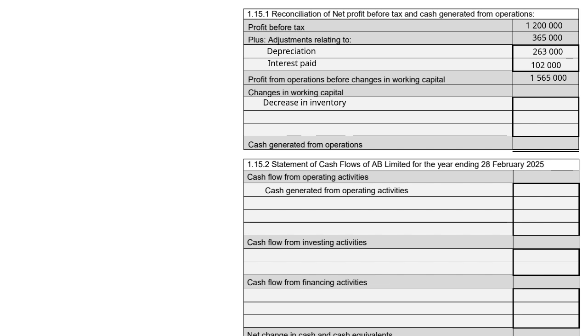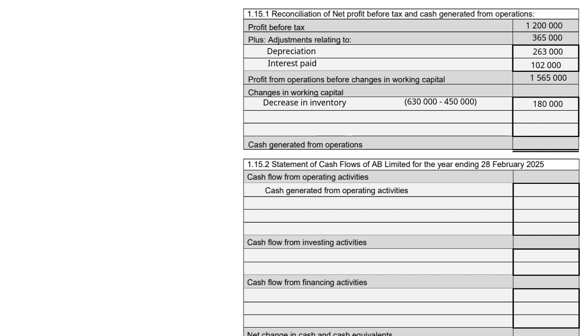So it means we have a decrease in inventory. 630,000 minus 450,000 to give us 180,000. This amount is out of brackets because it's an inflow in cash.